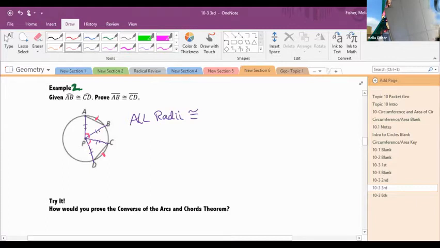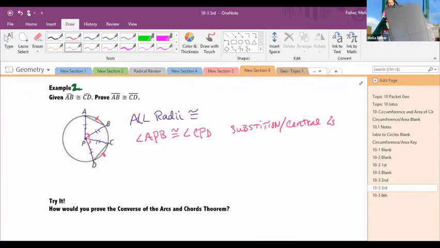So we're going to just say that angle APB is congruent to angle CPD. And we're going to say that we use some substitution and our knowledge of central angles here, right? And normally in an official proof, we would have 4 or 5 steps to say that officially. But all I want to do is show you where it came from. So as long as everybody's following that, we won't write out a whole big old proof, okay?